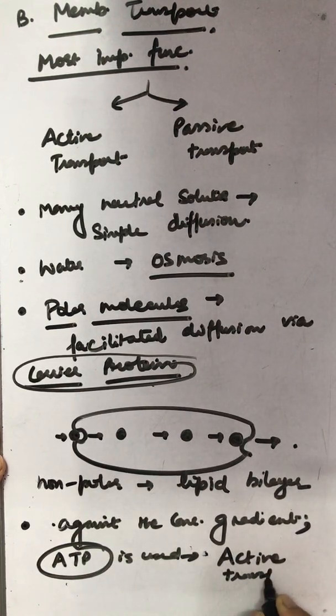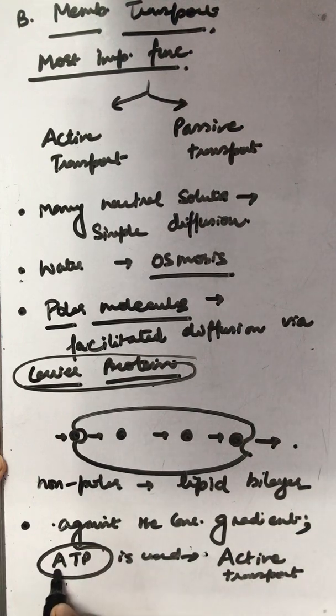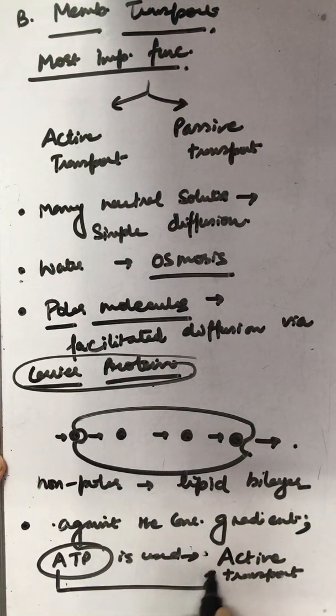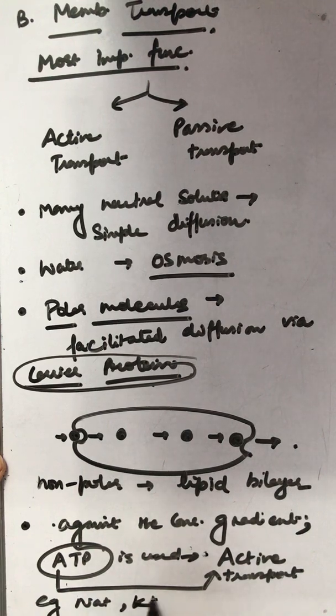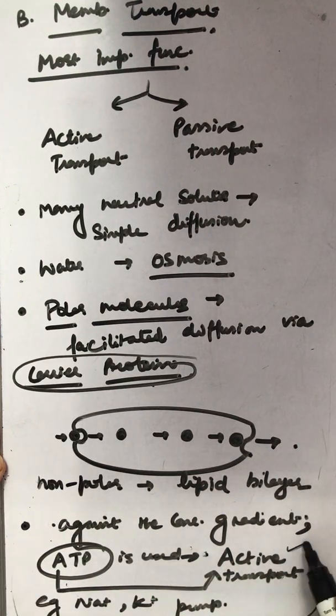How do you have to remember it? If any process utilizes ATP, ATP stands for active transport, whenever energy is provided for any molecules to be transported across the membrane. Example, the sodium ions and potassium ions in the sodium potassium exchange pump. In this pump, the transport of these ions requires energy, and that is active transport.